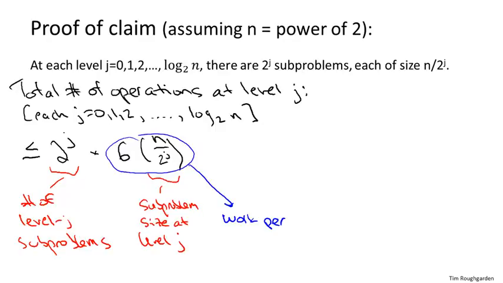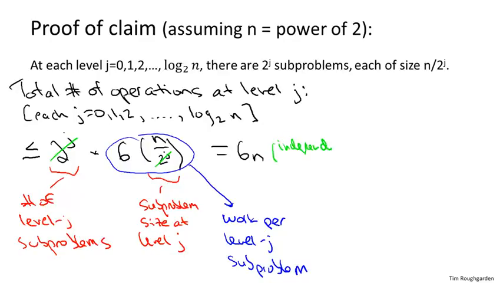So to compute the total amount of work done at level j, we just multiply the number of problems times the work done per subproblem, and then something sort of remarkable happens. We get this cancellation of the 2 to the j's, and we get an upper bound, 6n, which is independent of the level j. So we do at most 6n operations at the root, at most 6n operations at level 1, at level 2, and so on. Okay, it's independent of the level.